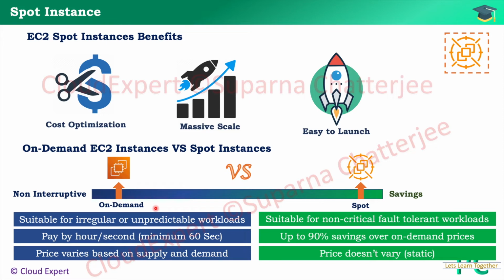In spot, you can get up to 90% savings over on-demand prices. For on-demand, price does not vary. It is static. But for spot instances, price varies based on demand and supply.